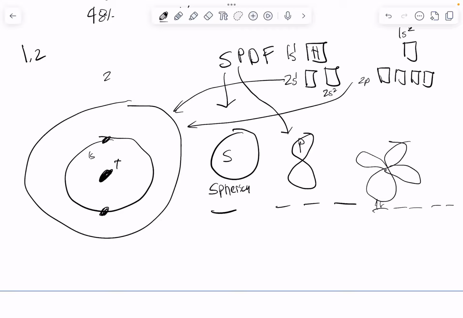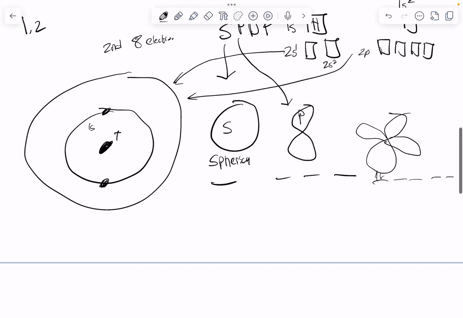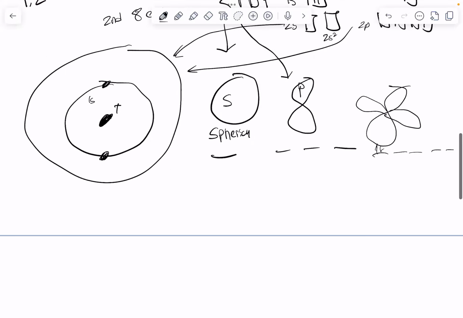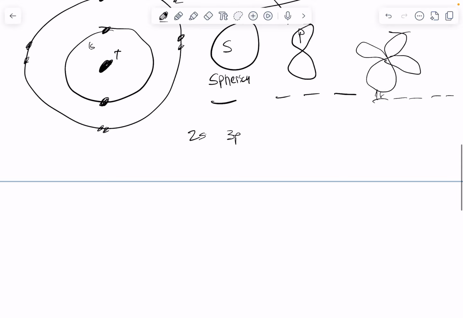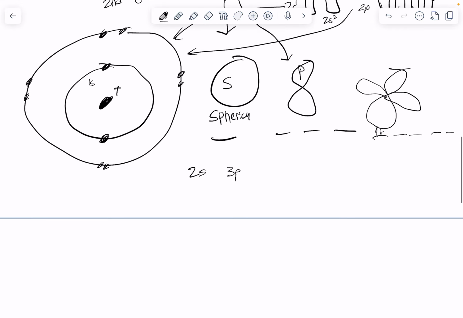So the second orbital can have 8 electrons because it has the 2 electrons from the 2s and 6 electrons from the 2p. This is not where the electrons go. I'm just putting them here for everyone's reference. Okay? So we have these orbitals.